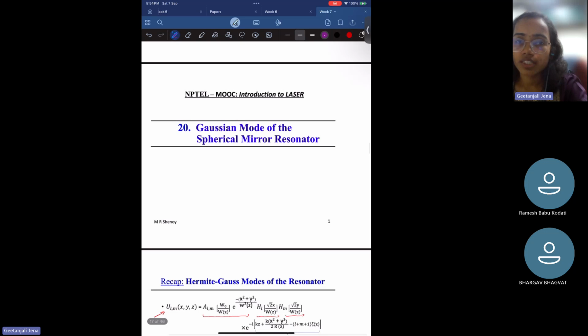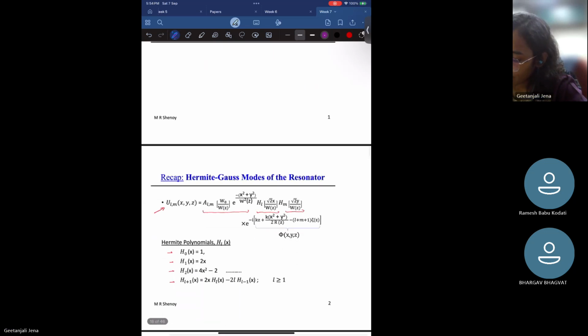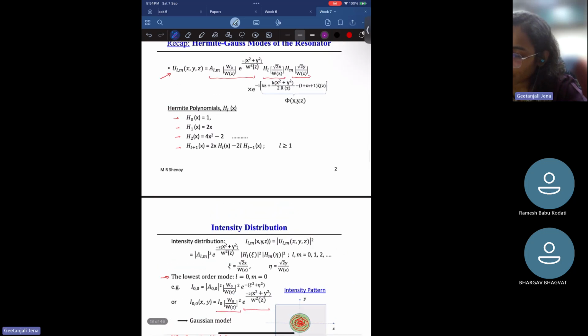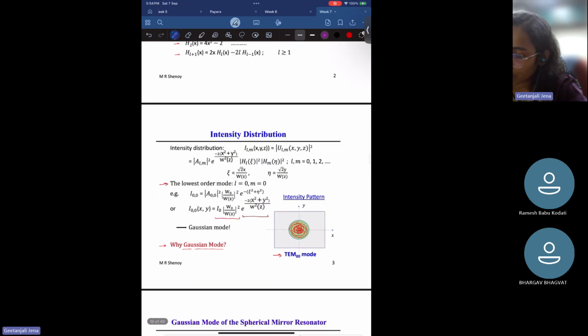Now we'll see the properties of the Gaussian modes, that is, the fundamental mode of the spherical mirror resonator. For the fundamental mode, the Gaussian mode, we have seen the intensity distribution, which is I00. Please remember that for the lowest order mode, the Gaussian mode, both l and m are 0, and we have a Gaussian field distribution in the intensity term.